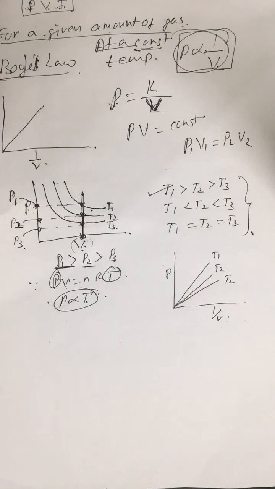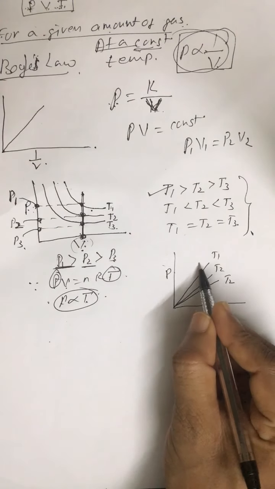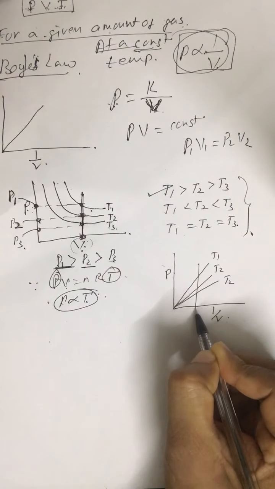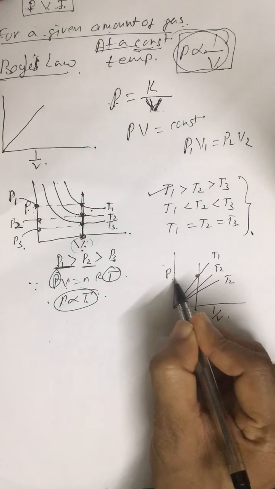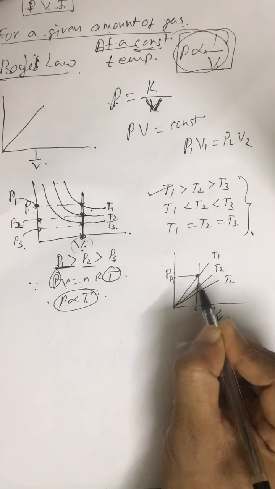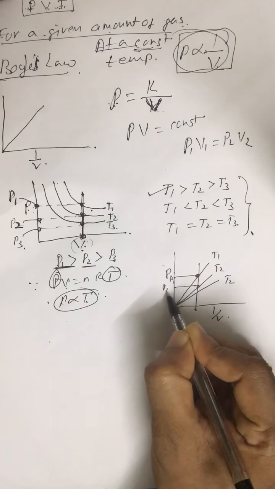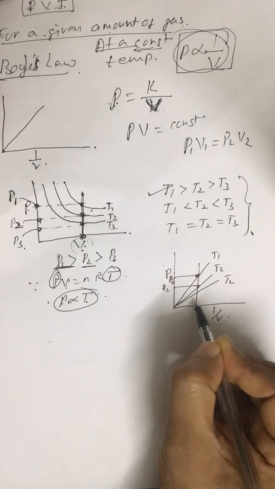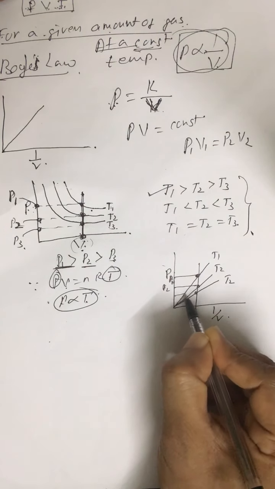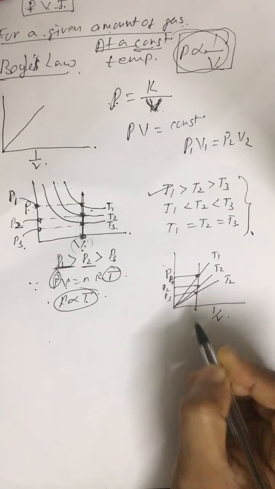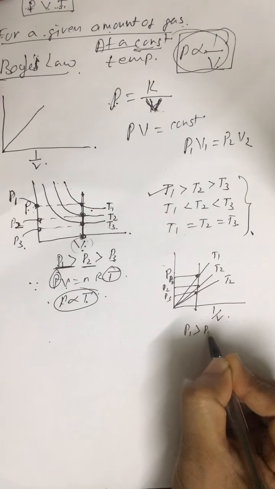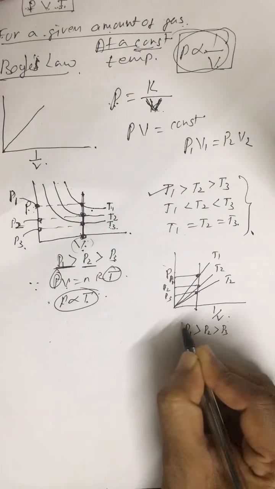So again what will you do? My suggestion is just draw a line like this. Again this point indicates P1, this indicates P2, and this point indicates P3. So we can say P1 is greater than P2 is greater than P3.